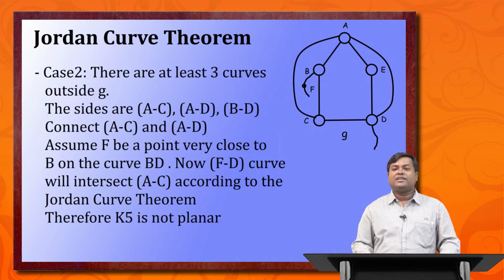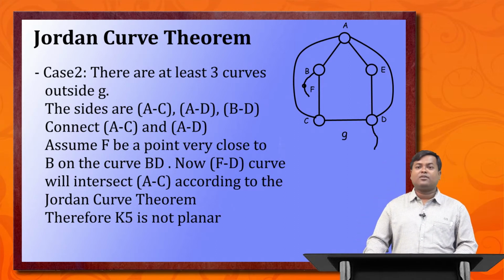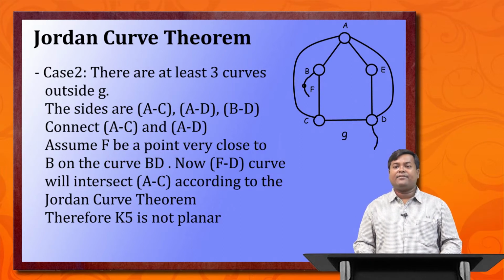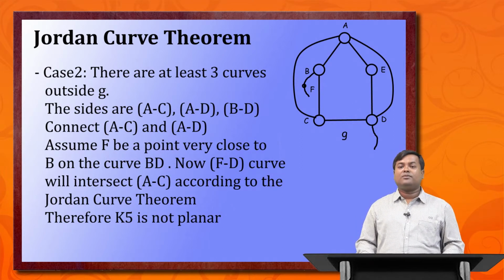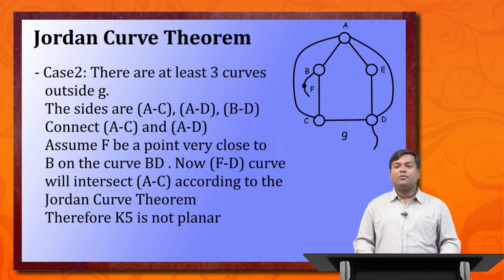Similarly for case 2, we can do the same thing. In case 2, we have considered all the 3 edges AC, AD and BD drawn through the outside region. So initially we have connected AC and AD, and we have considered a point F which is very close to B, and now if we connect F and D, by a similar argument we can say that this particular FD Jordan curve also will intersect the AC Jordan curve, right?